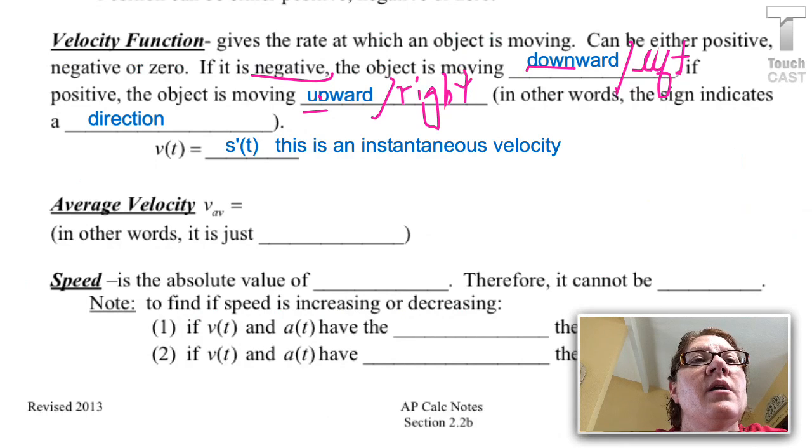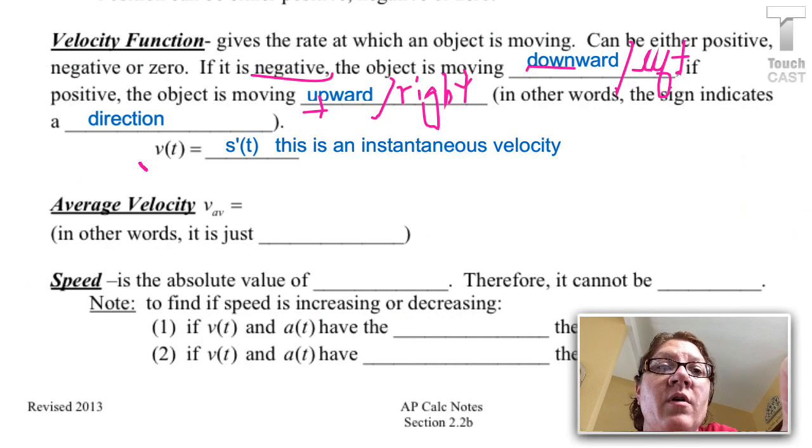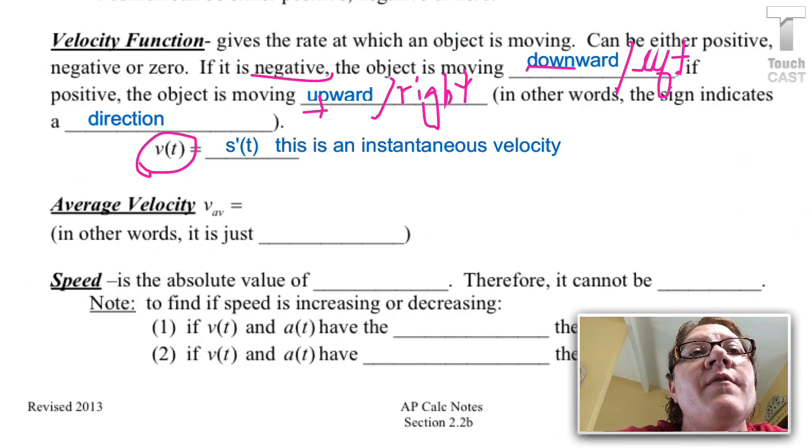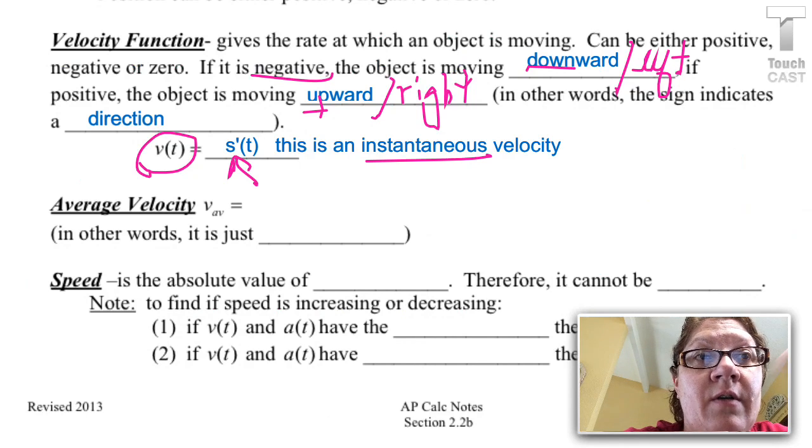And so the sign really indicates direction. My velocity function will always use v of t, and it is the first derivative of position. Of course this represents instantaneous rate of change because I'm doing the first derivative, not an average rate of change.